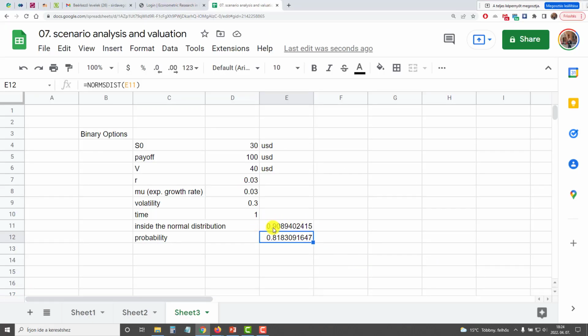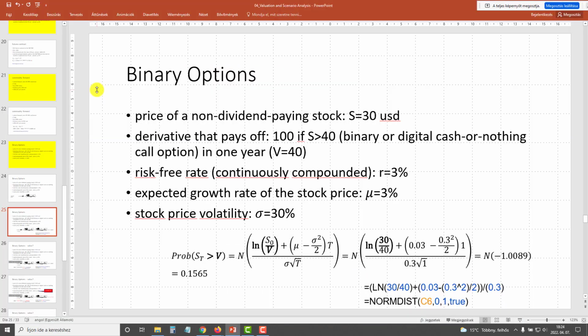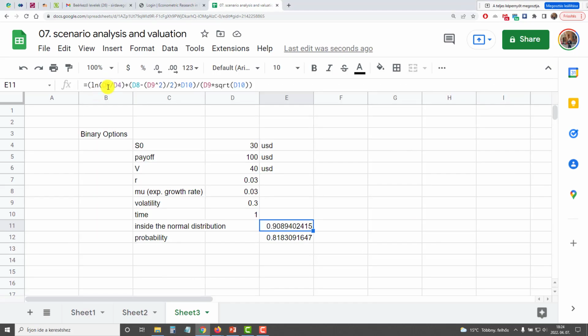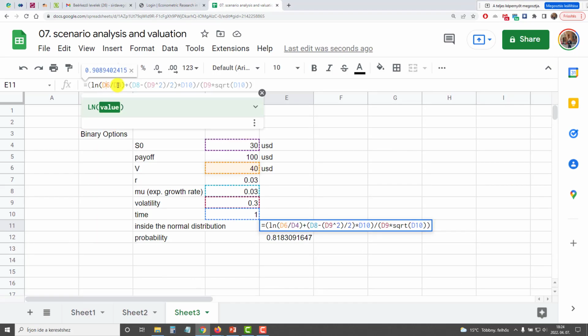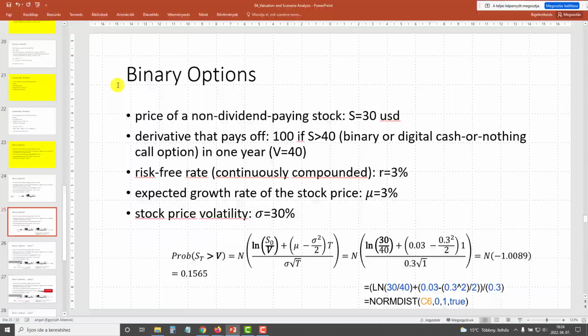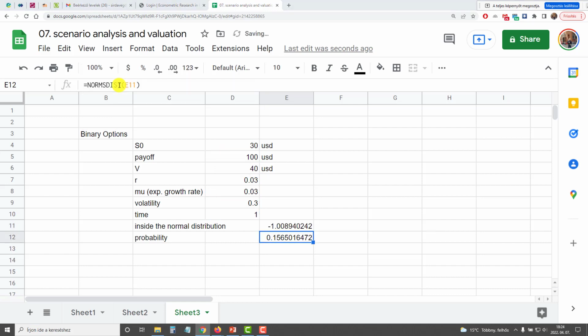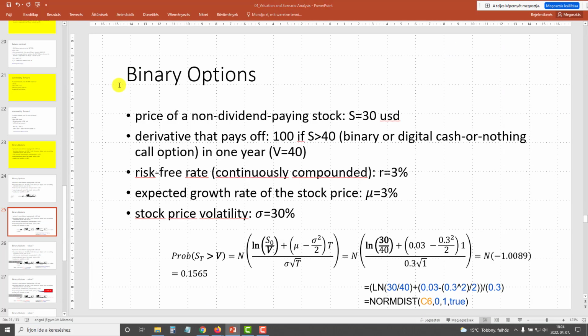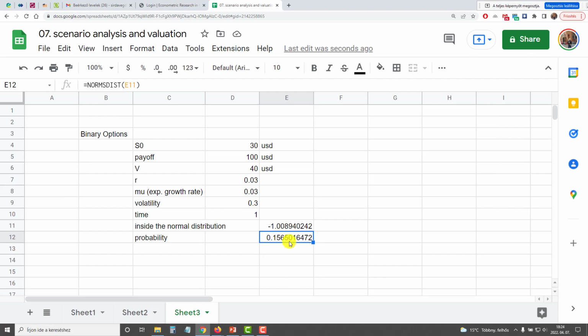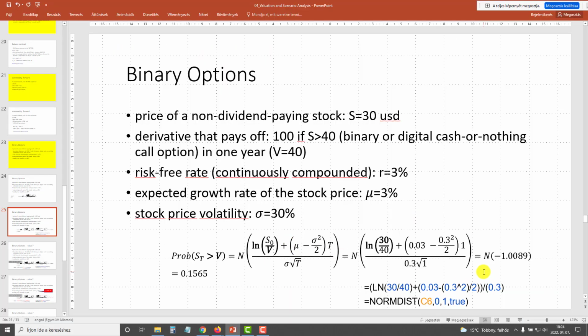Okay, let's compare. 30 minus 30 minus 40, yes. I had a mistake already in the first step. Yeah, now it's good. Okay, it was not a major mistake.